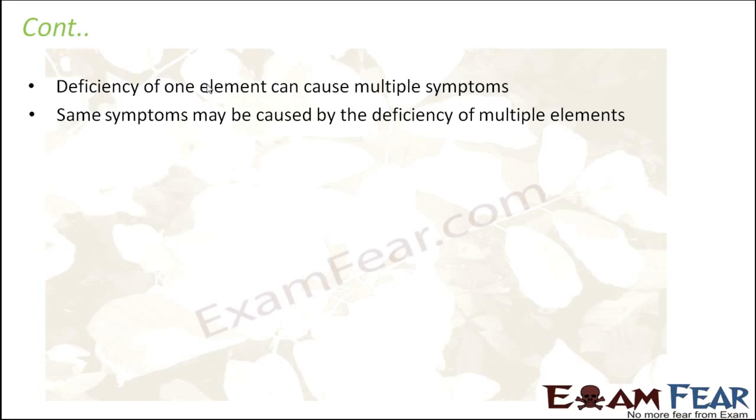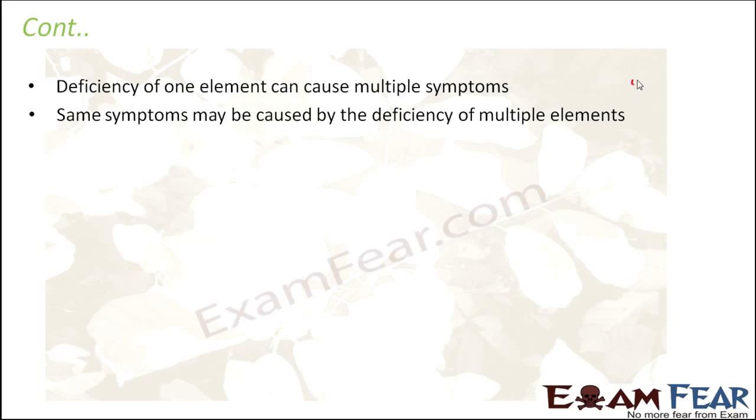Similarly, same symptoms can be caused by deficiency of multiple elements. For example, if you talk about any symptom, say retarded growth. Now, retarded growth can happen due to deficiency of nitrogen. Again, retarded growth can happen due to deficiency of phosphorus. So, the same symptom may be caused by deficiency of multiple elements.